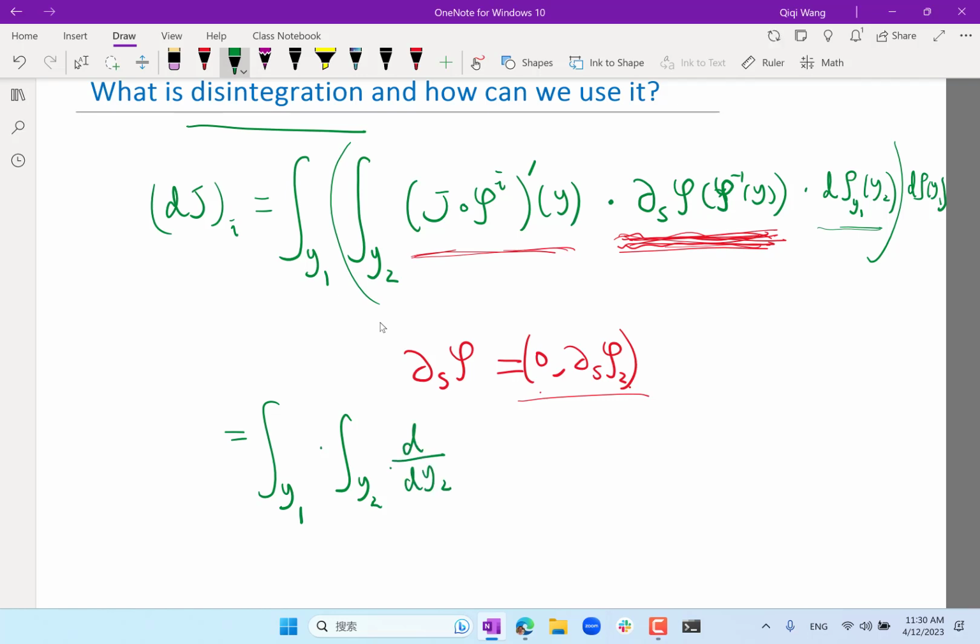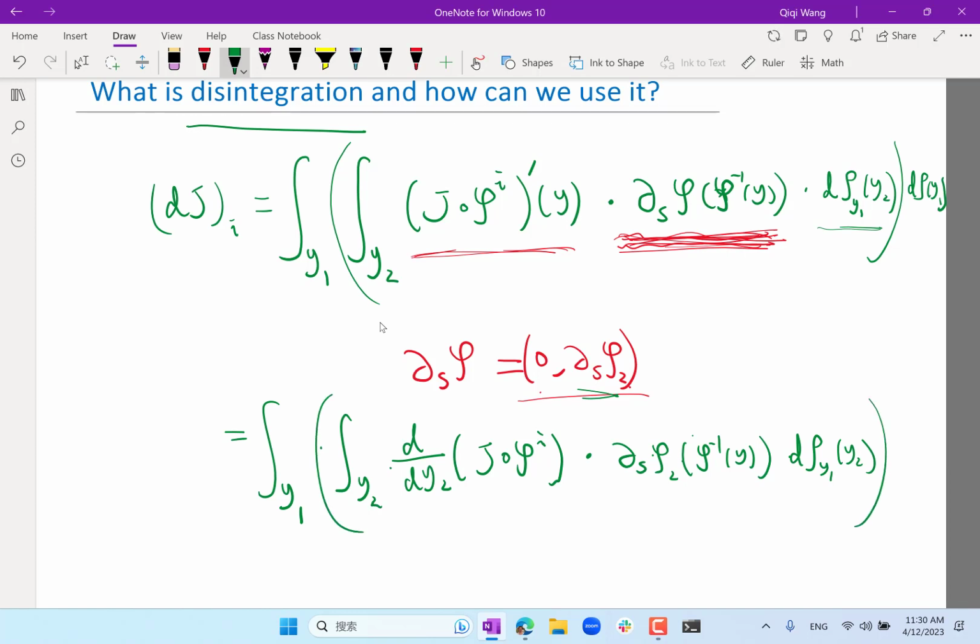This is dy2, only the second dimension of J composed with the map for the i-th time, times this only non-zero component, and times d rho y1 as a function of y2. And this is now integrated over the non-smooth component.